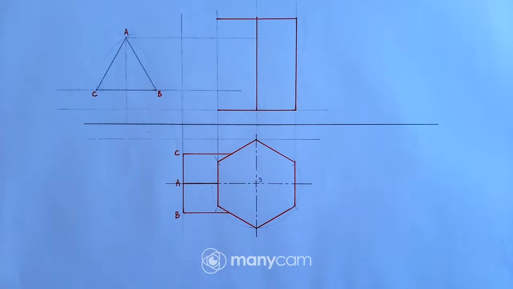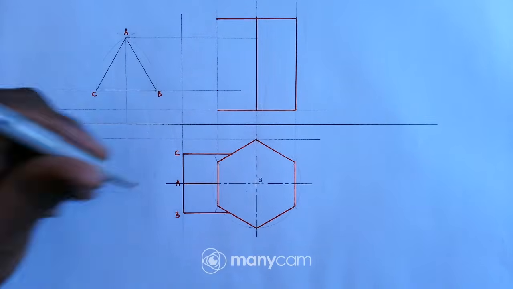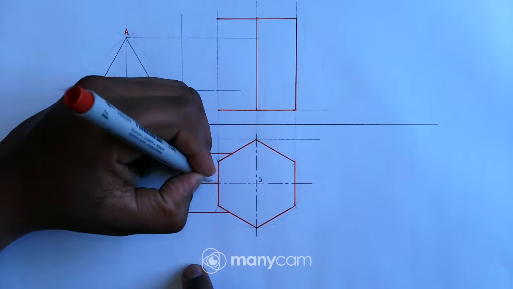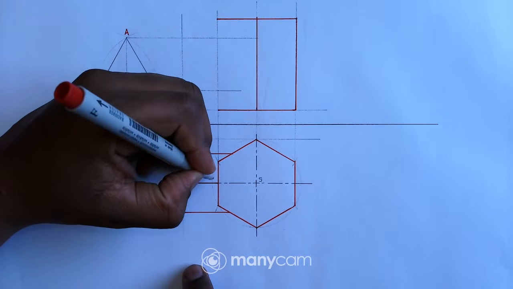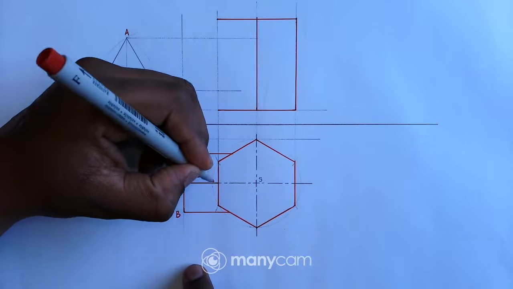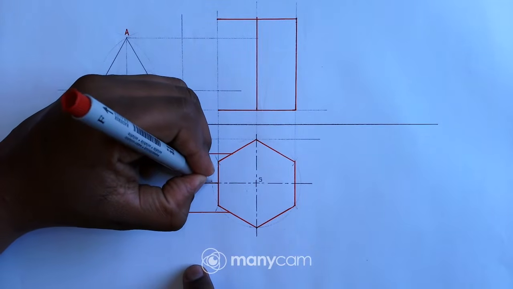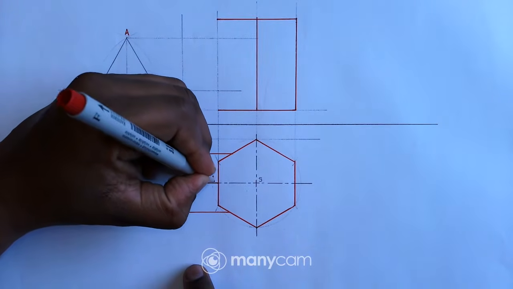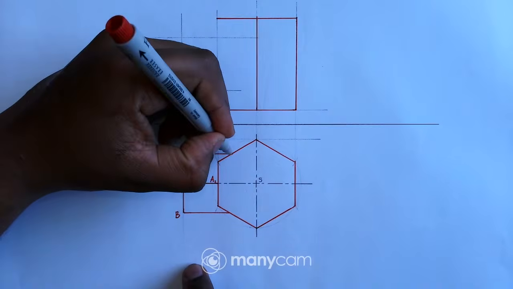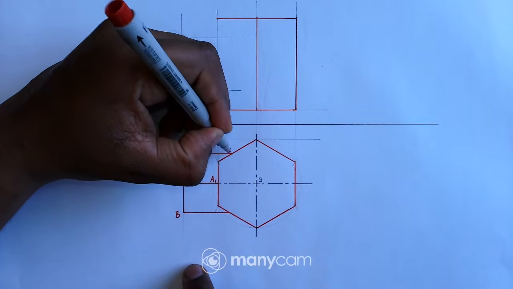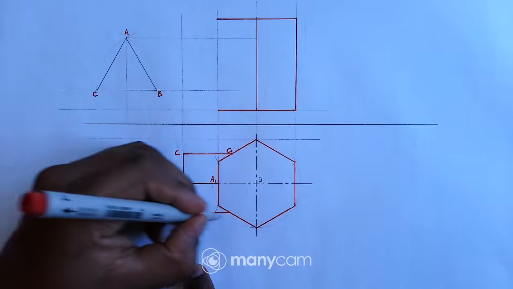Okay, so because we have A there, this will be this point here. I'll make it A1. Then this point here, I'll make it C1. Here B1.